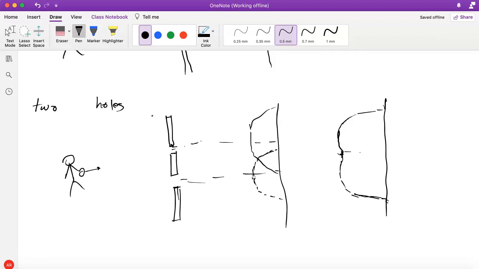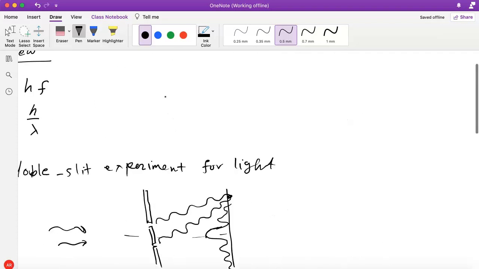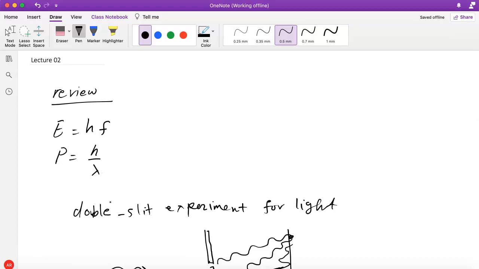So if we know the momentum of these electrons, we know the de Broglie wavelength, it would be quite remarkable that this wavelength was what's determining that interference pattern. And that's exactly what happens.